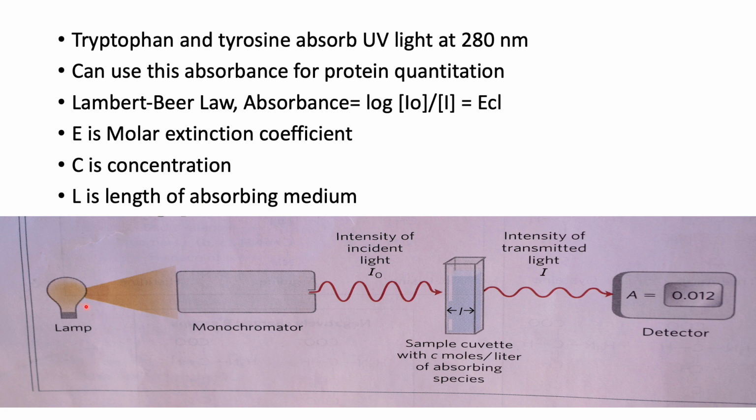So when you have light shining through a monochromator, you get incident light of a specific wavelength, 280 nanometers, through a sample cuvette with a certain length, L, the length of the absorbent medium.